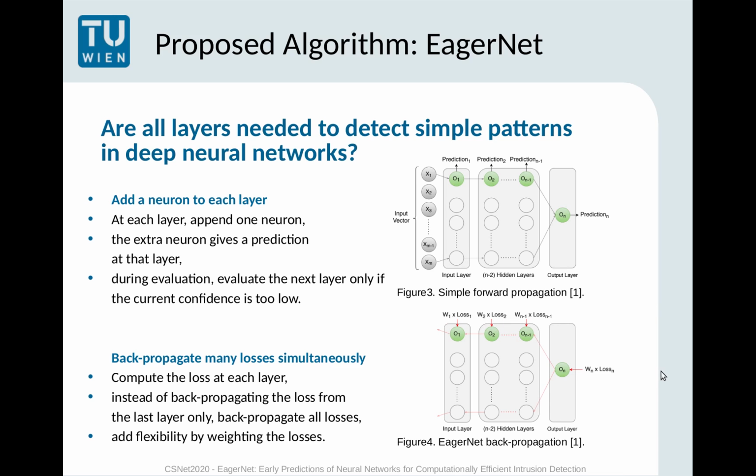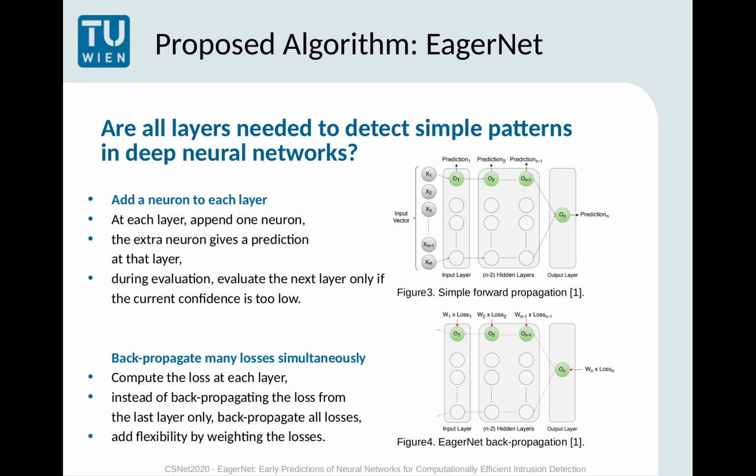And then what we do is we backpropagate all these losses. So here we start by backpropagating only this loss through these weights, and then here we have a summation of 2 losses that is backpropagated. Here the summation of many losses, and here the summation of all losses that are backpropagated. So this way the network will try to learn all patterns as early as possible.